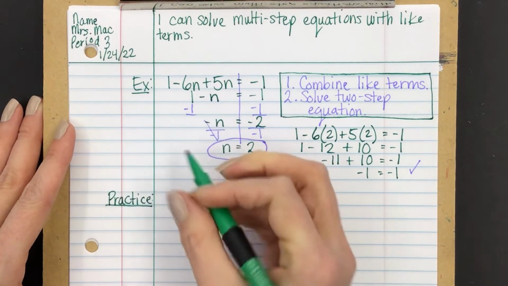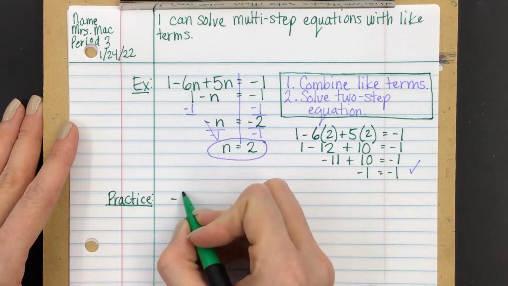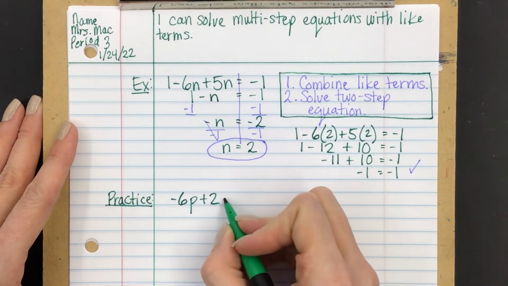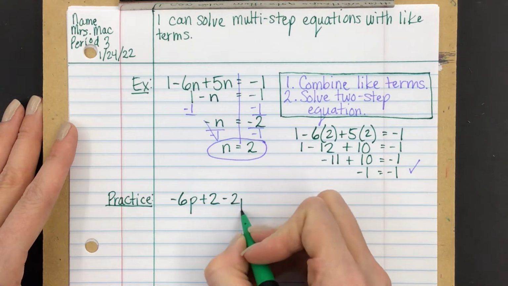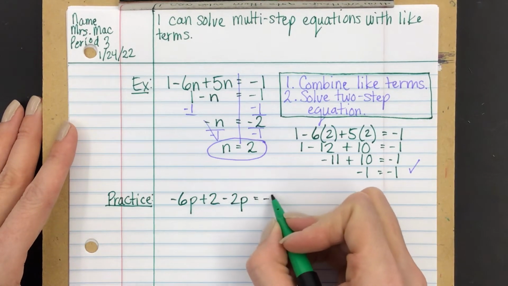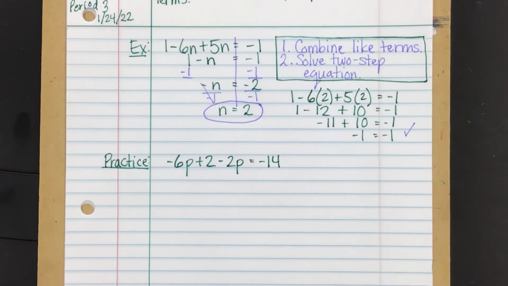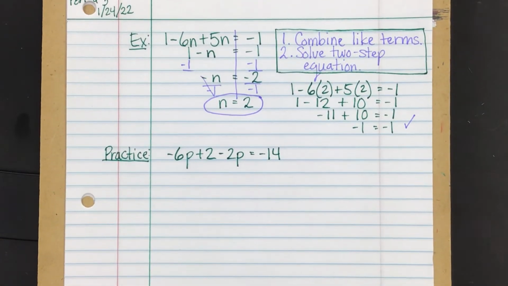All right, I'm going to have you practice it. All right, follow the same steps. Combine like terms and then solve your two-step equation. I'll be walking around if you need me.